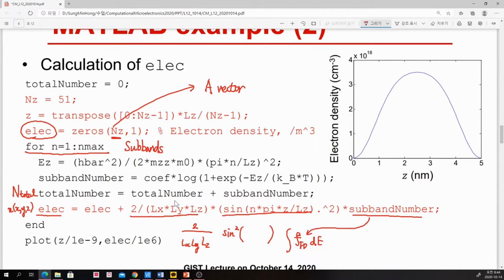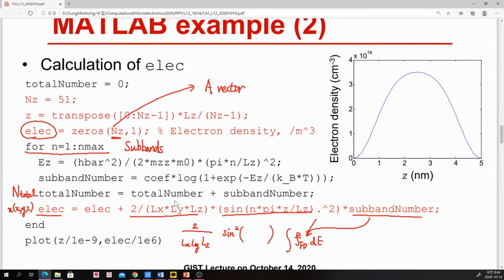Of course, not just integrated; here we have used the density of states already. That's the reason why we don't care about different k values. So this is the way to calculate the electron density.